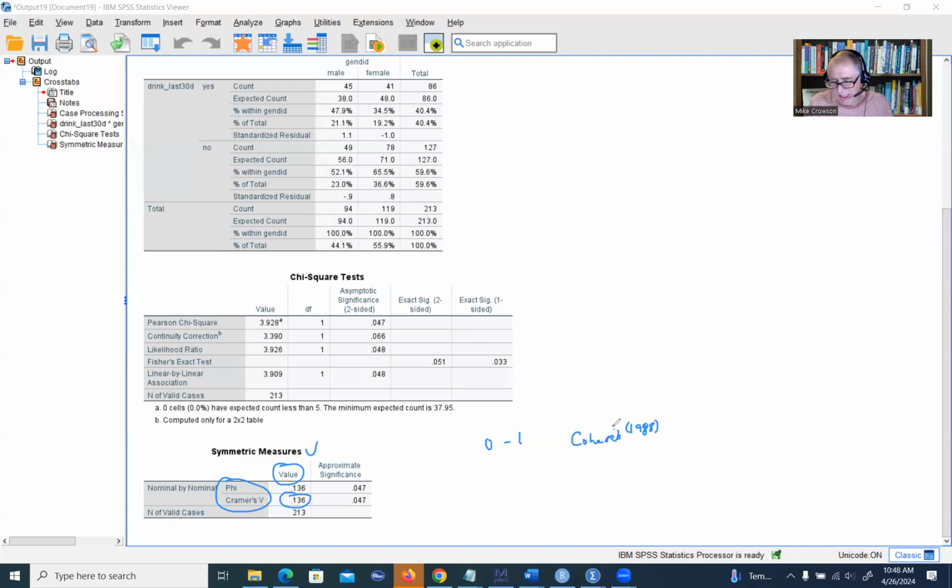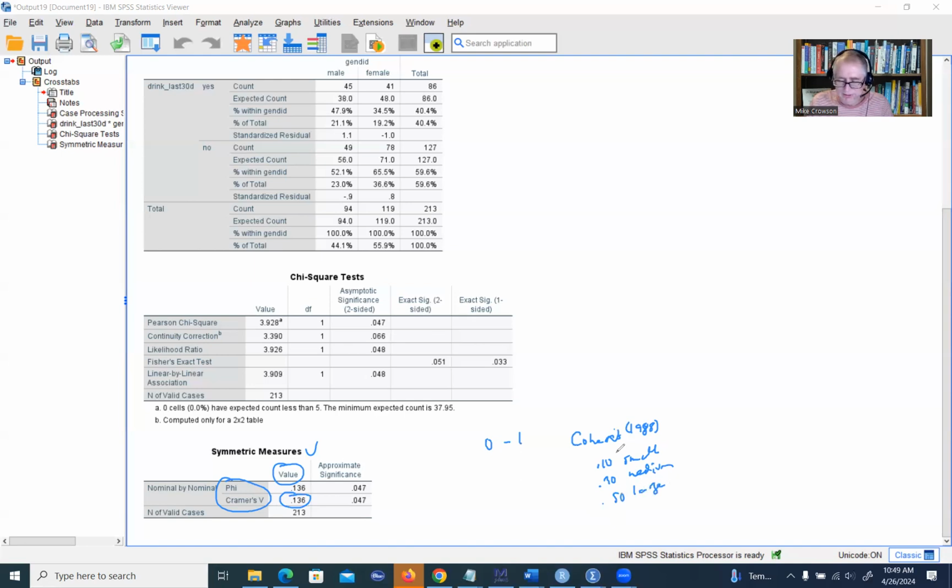His general recommendations are that 0.10 would indicate a small relationship between the two variables, 0.30 would reflect a medium relationship, and 0.50 would reflect a large relationship.